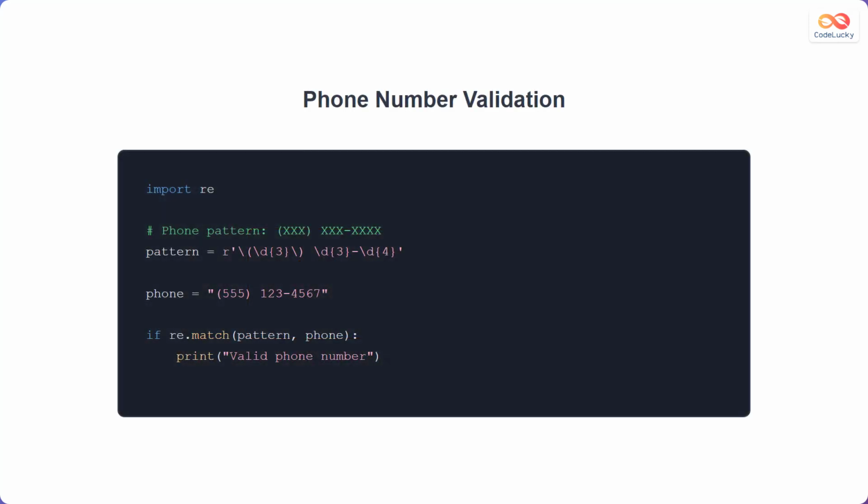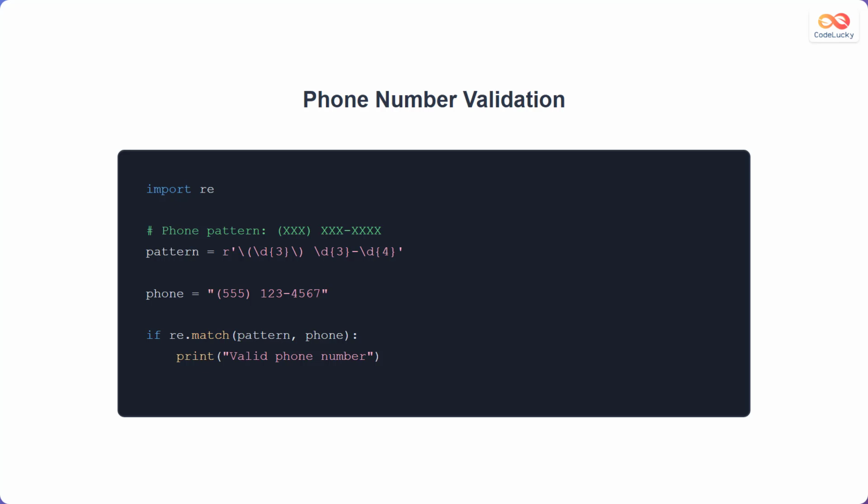Now let's see a practical code example of using specific quantifiers for phone number validation. We start by importing the re module, which is Python's built-in regular expression library. The phone pattern is defined as r'\d{3}-\d{3}-\d{4}'.